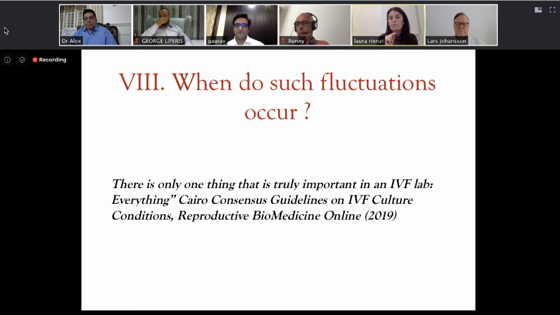So you should make the mean fertilization rate per patient and not calculate the total of the oocytes injected and the fertilization rate. Because imagine that you have one patient with 20 eggs that has a very low fertilization rate, and then you have 20 patients with 3 eggs. That single patient with a low fertilization rate will bring your whole fertilization rate down if you count oocyte per oocyte.